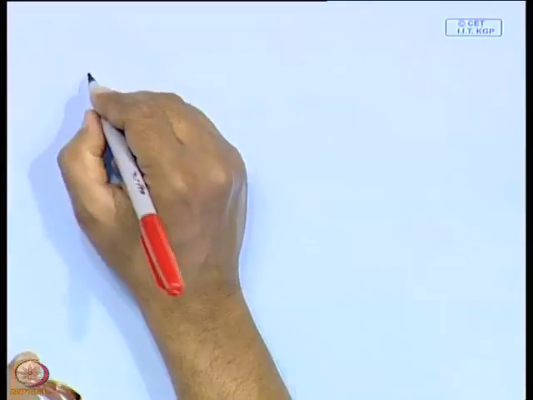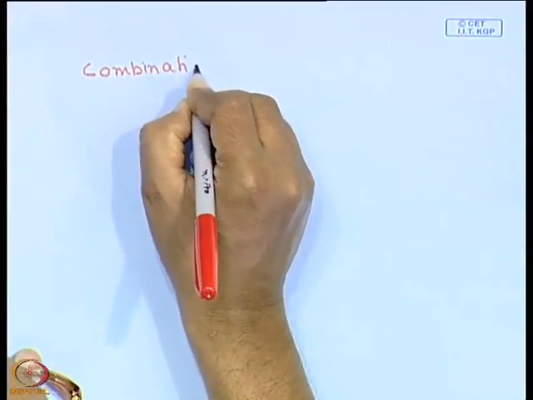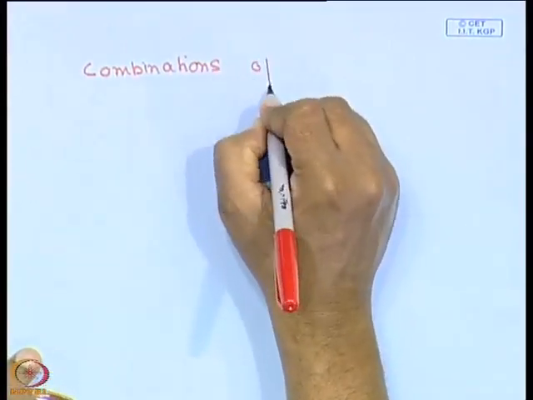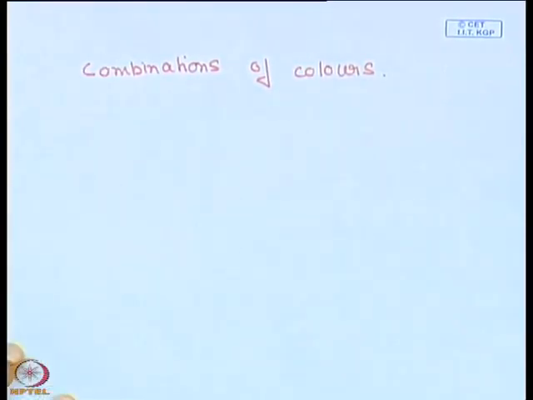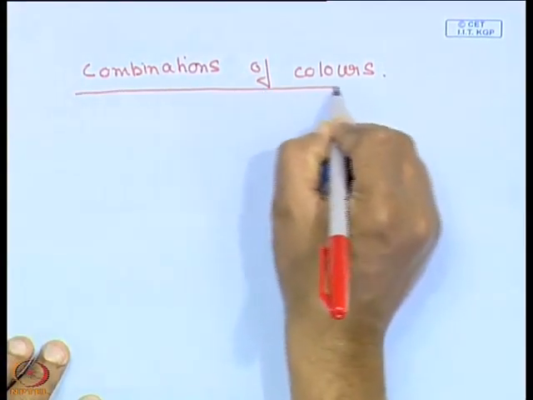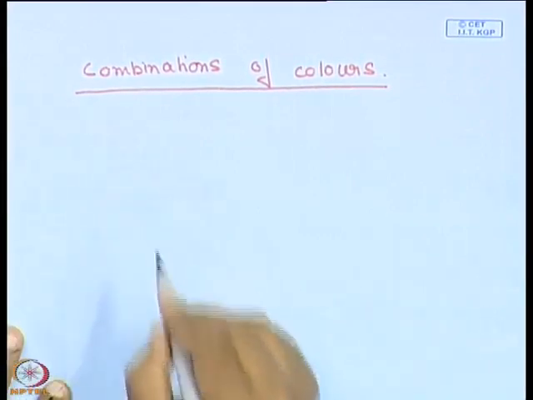And if you have some idea about the spectrum of the source to start with, then one can construct combinations of color. One can look at combinations of the colors, and one can then explicitly work out how much absorption has taken place.